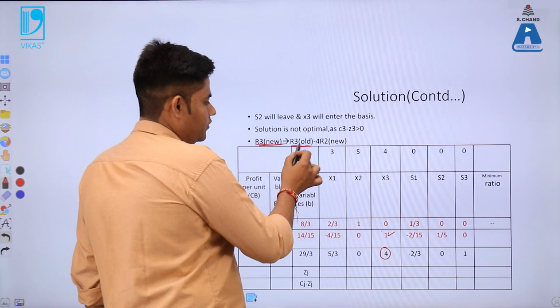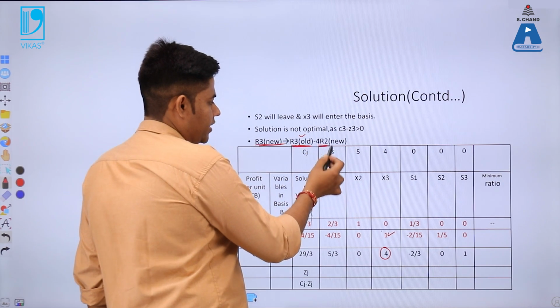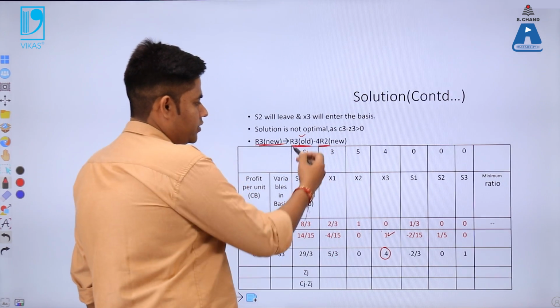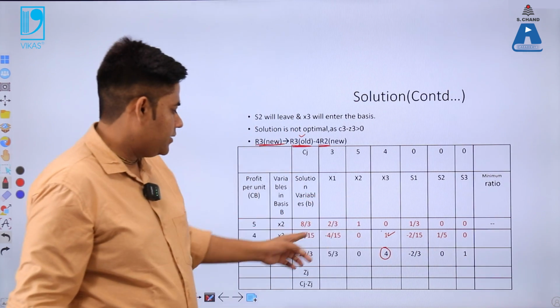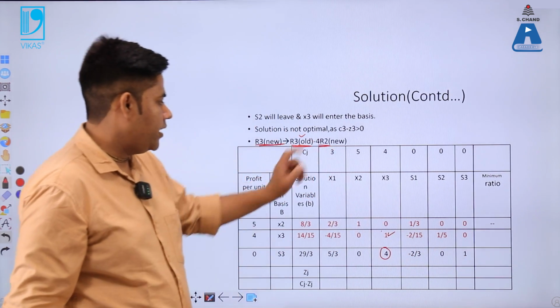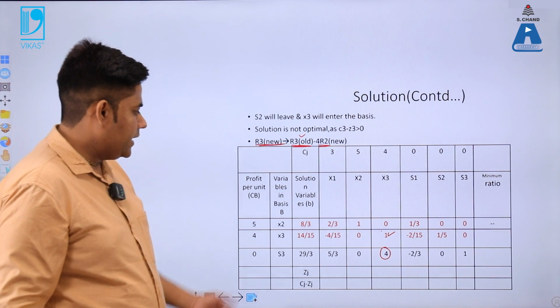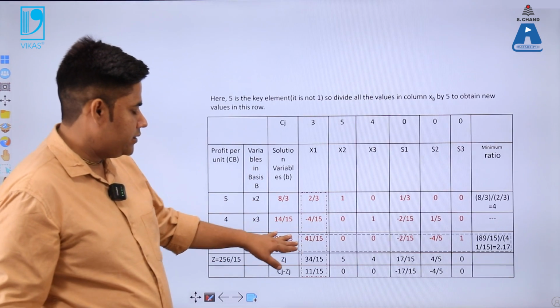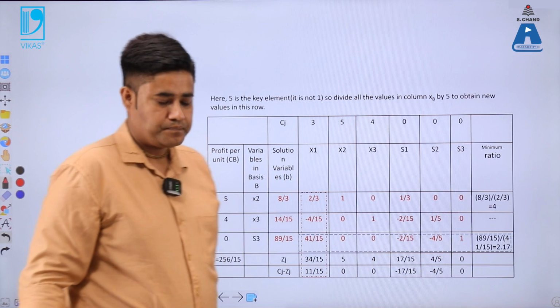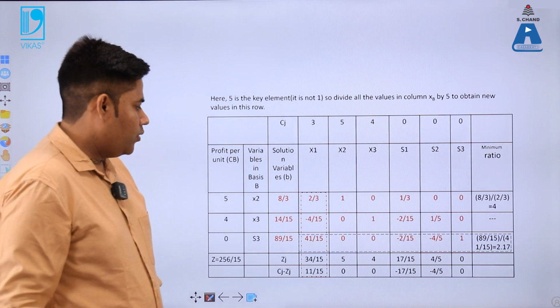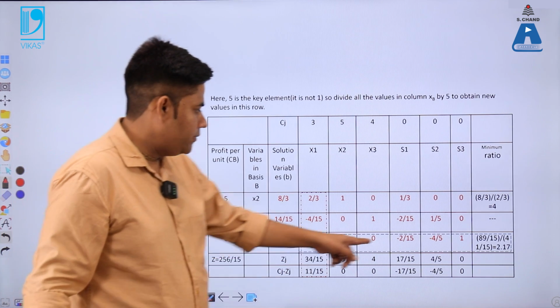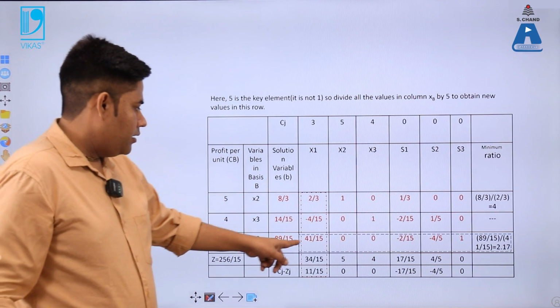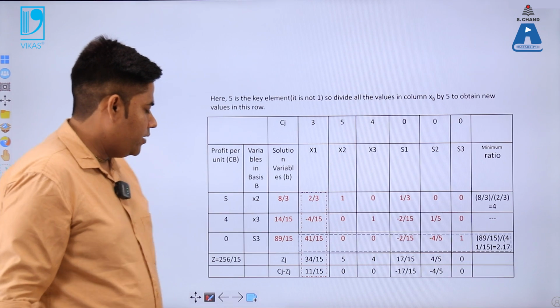So the third row, which is from the old table, minus 4 times R2 new. I need to write all the elements and subtract these elements by multiplying them by 4. So I may get another set of variables, and all these elements are there in the table now.